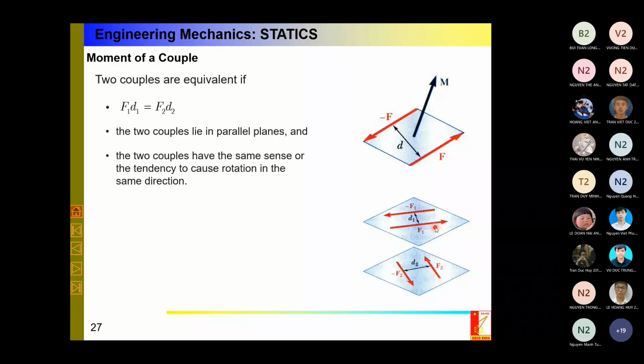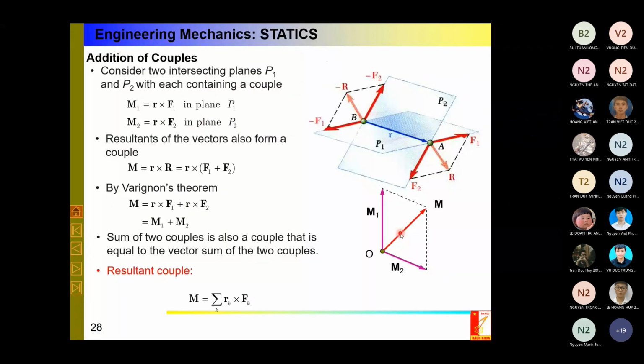Either they have another direction, however, all the time the direction of the couple vector should be the same, perpendicular to this plane, but the magnitude should be the same. F1 times d1, F2 times d2 should be the same, and they can be in parallel planes, and the sense of the direction should be the same. It means the tendency of the rotation of the body or the plane should be the same. Okay, it is one property.